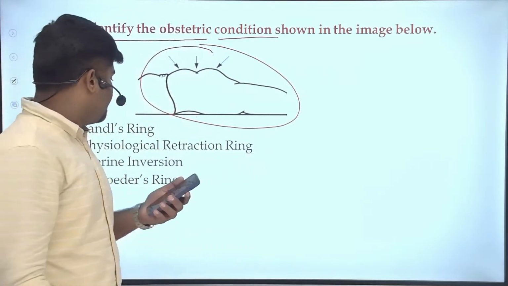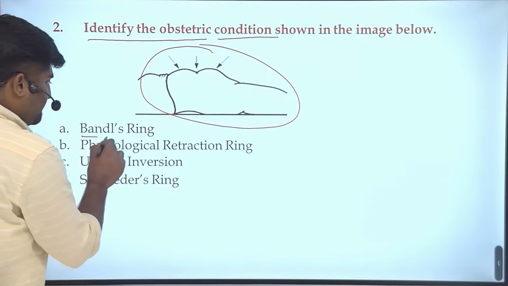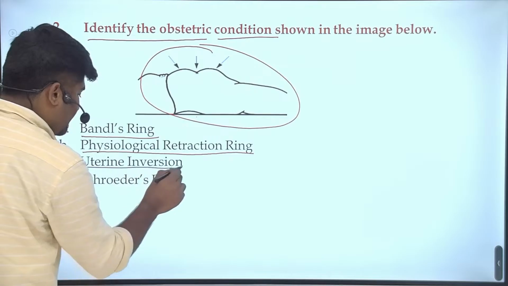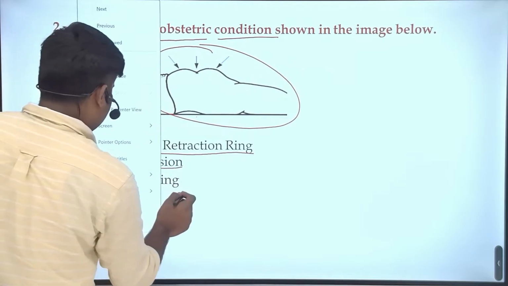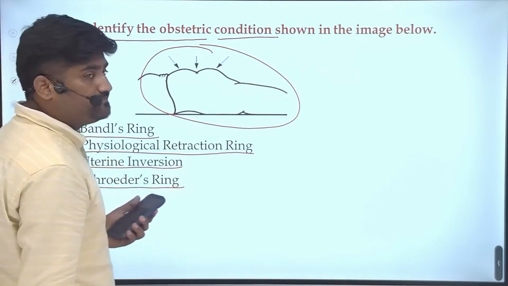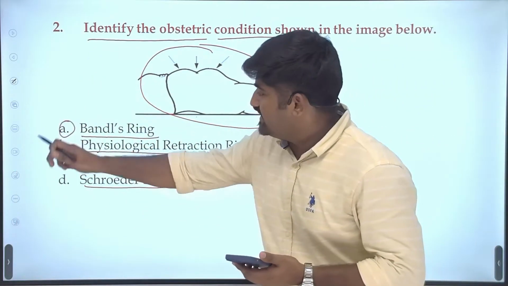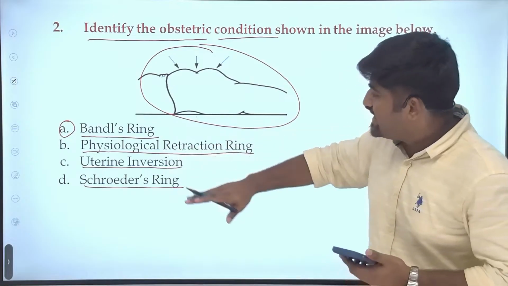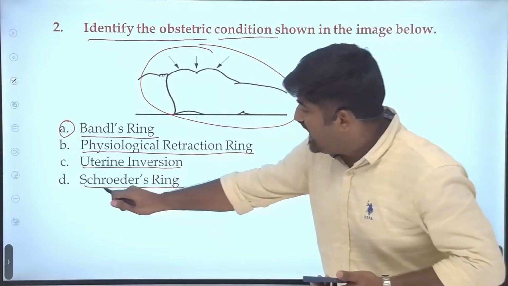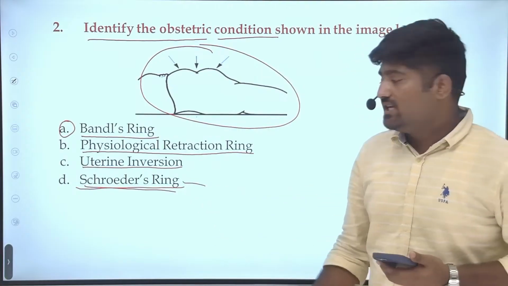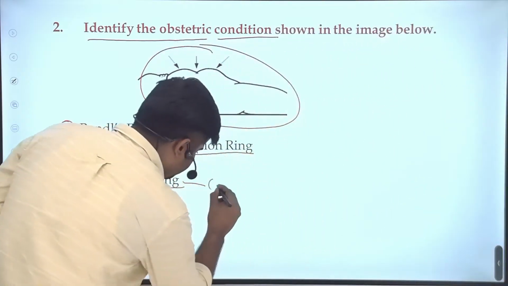Yes, it is Bandl's ring or physiological retraction ring, uterine inversion, Schroeder's ring. It is Bandl's ring. What about the retraction ring, uterine inversion, and this? It is called the constriction ring.